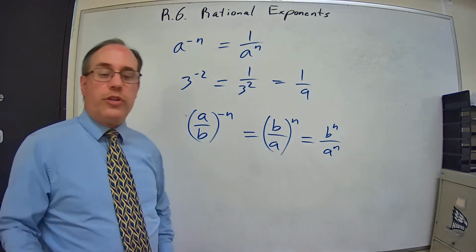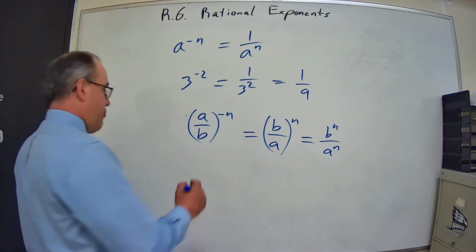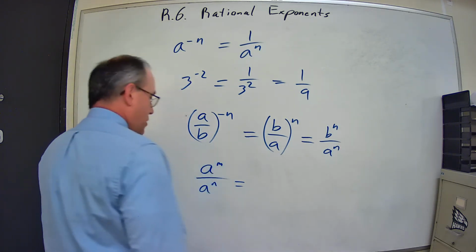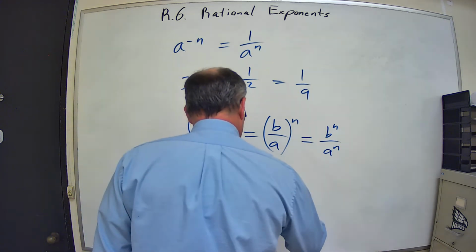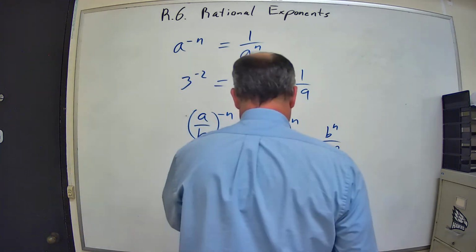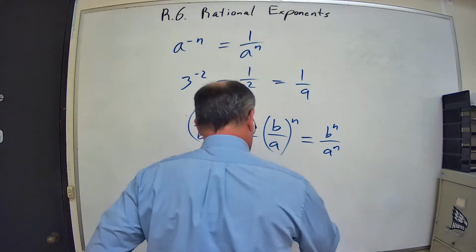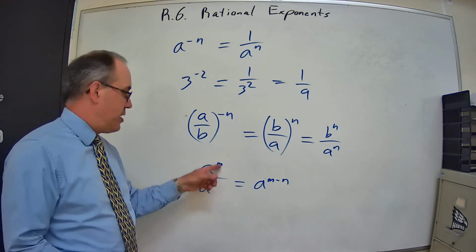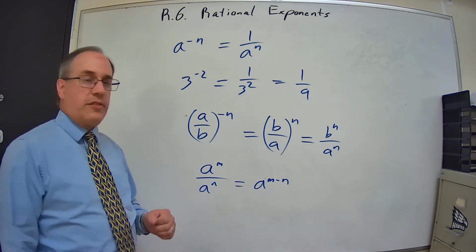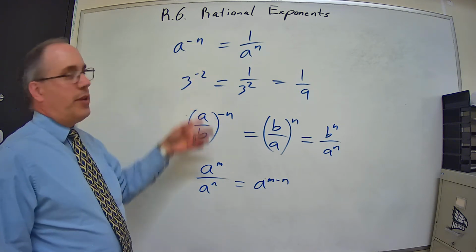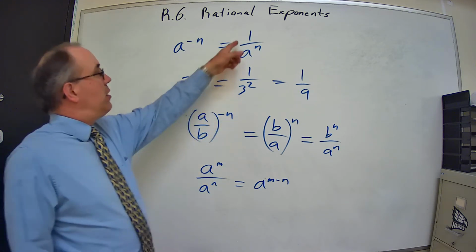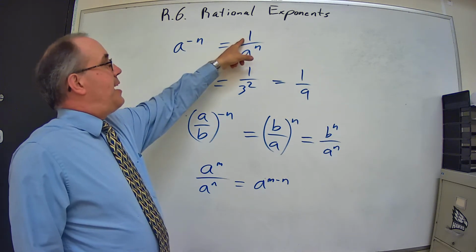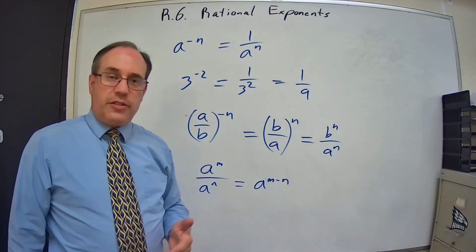Now remember, the quotient rule tells us that if we have a to the m divided by a to the n, that is equal to a to the m minus n. It's the difference of those exponents if we have the same base. Well, if we have a to the 0, isn't a to the 0 equal to 1?